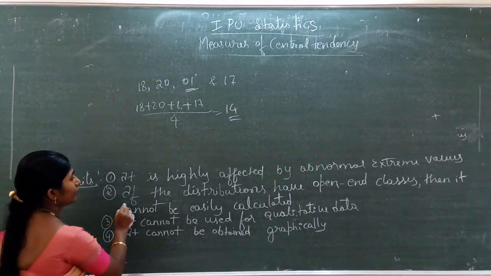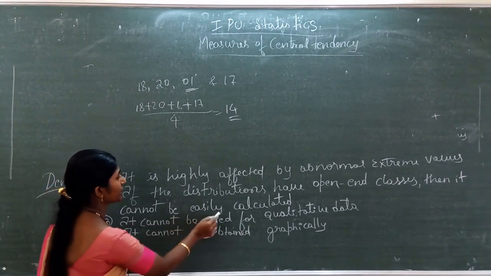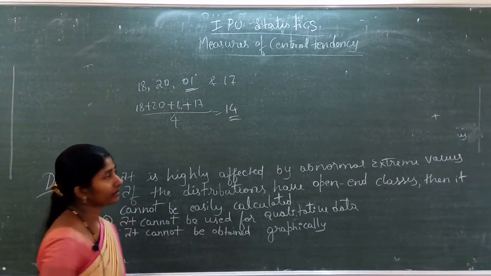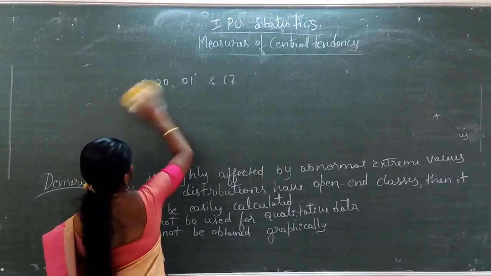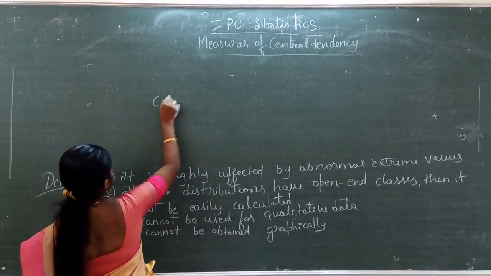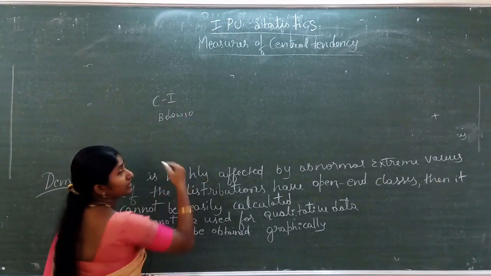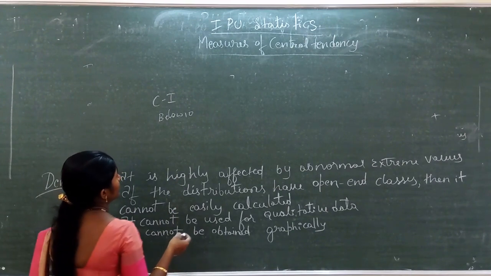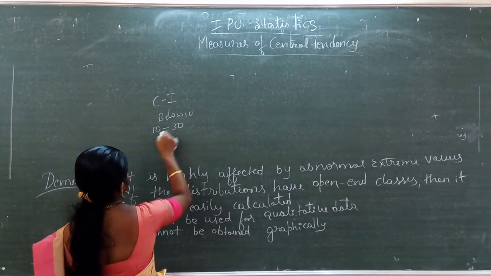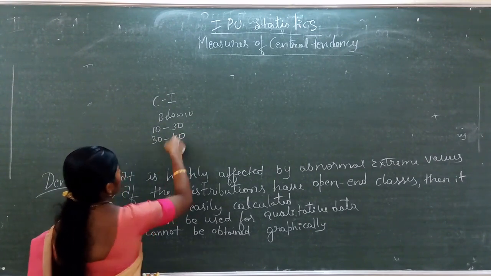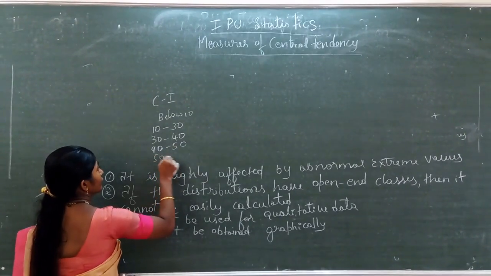Okay, second one, if the distribution has open-end classes, then it cannot be easily calculated. How do we get an open-end class? Like this way. In the class interval, open-end means here below 10. One of the values is given as below 10. We don't know here. Next 10 to 30, 30 to 40, 40 to 50 or 50 to 100.